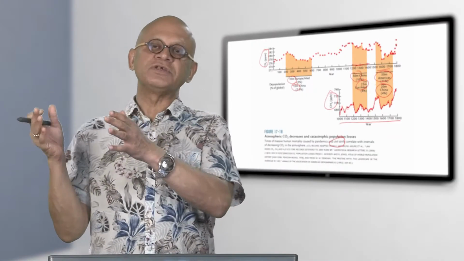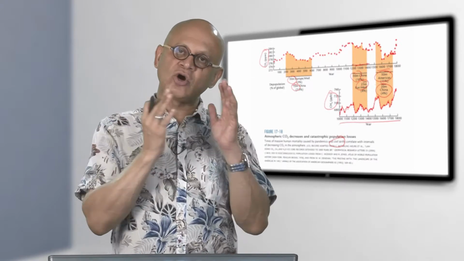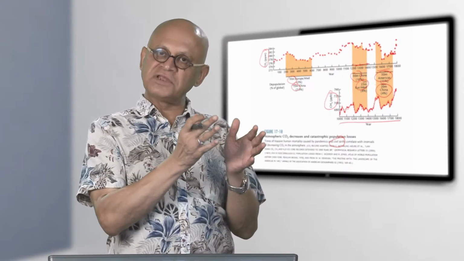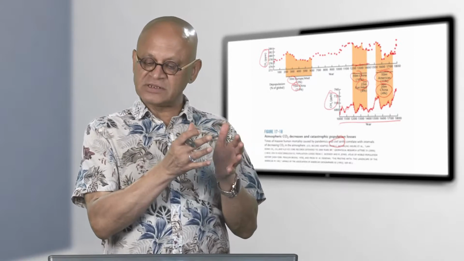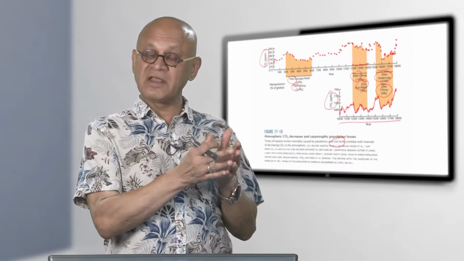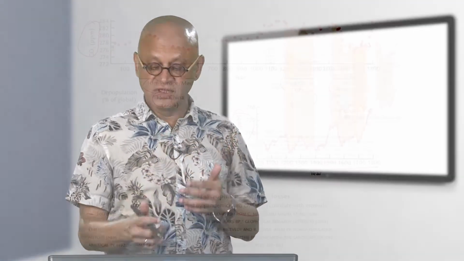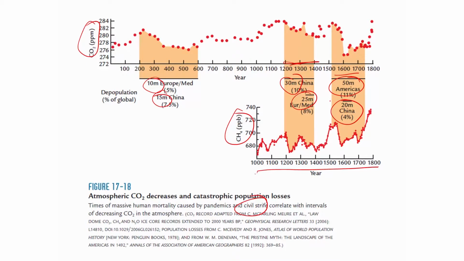There are stories of how the Europeans and mostly the English colonized America and killed a lot of the native people. But actually it turns out that the diseases they brought from Europe to America killed more natives than weapons and wars. Those kinds of deaths show up as changes in methane, which is not as systematic, but there are reductions in carbon dioxide.